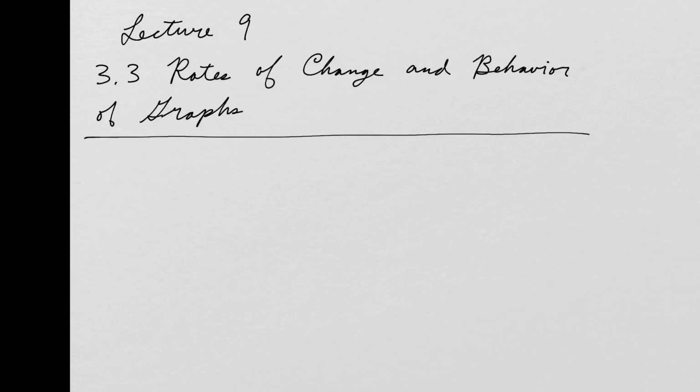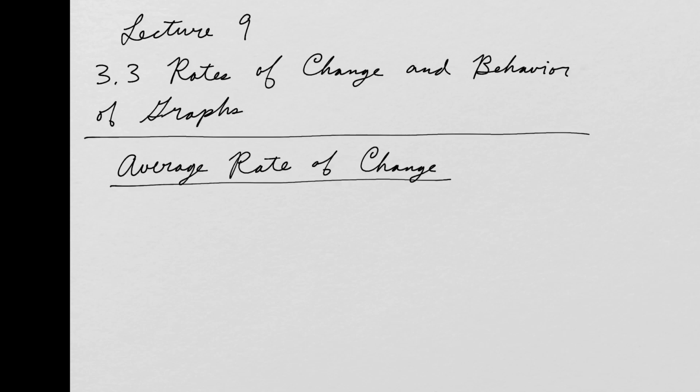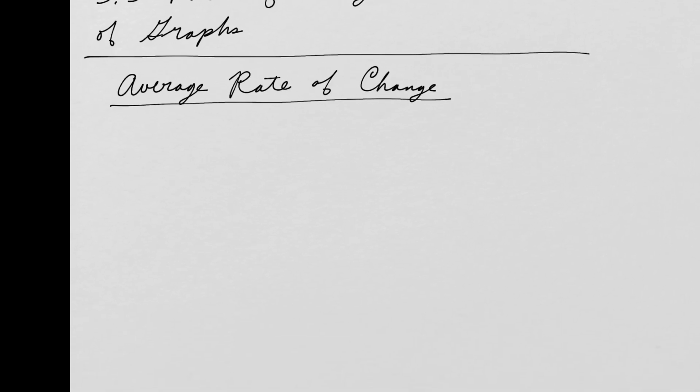Okay, so I want to start off by defining what's called the average rate of change. You can think of it as the change in output over the change in input.